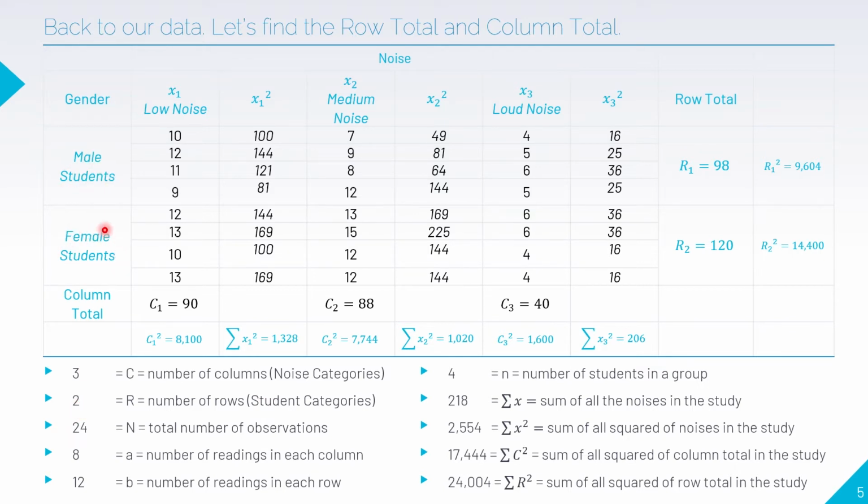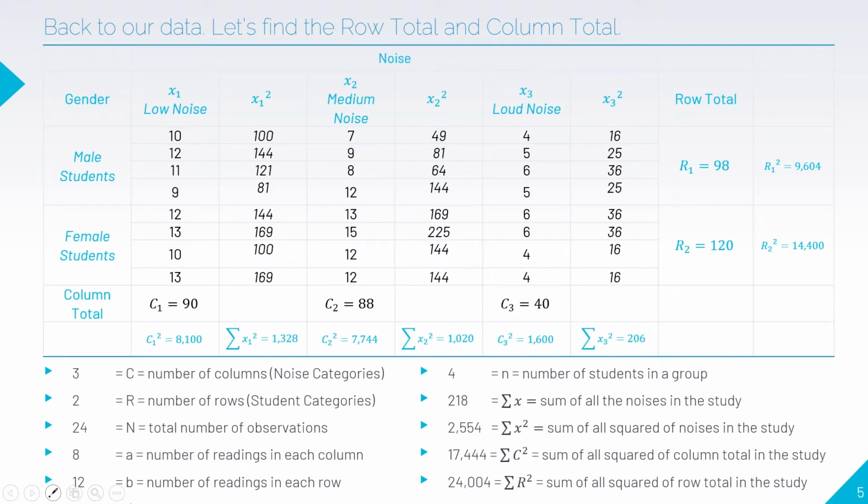The student categories, or what we mean is the gender categories. Our N is the total number of observations. So we have 24: 4, 8, 12, 16, 20, and 24. In our data, we have 24 total observations.